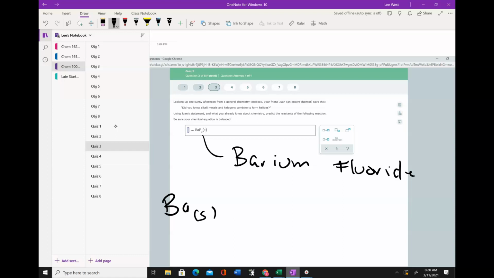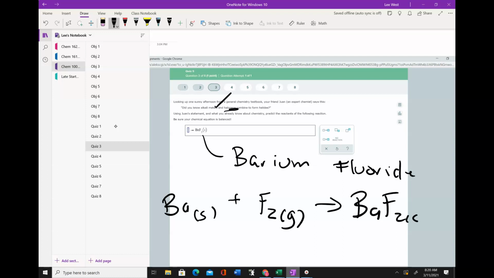It's also a monatomic element. So that's the metal. What about the halogen? Well, the halide is the fluoride, so the halogen, it must be fluorine. And fluorine is a diatomic element, and it's a gas. So that's how it's going to look.